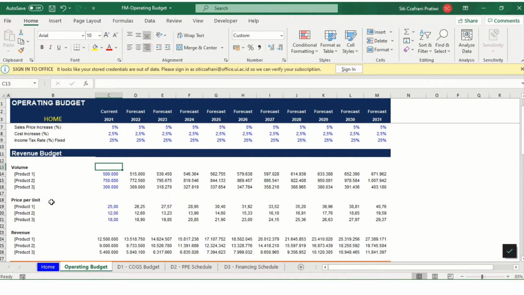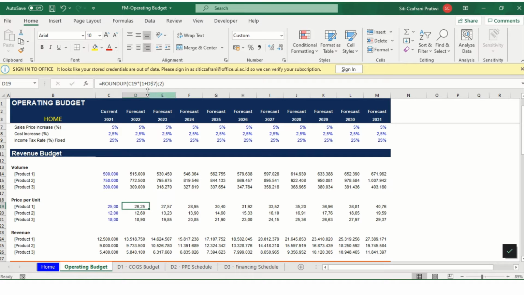Let's move on to another issue, which is the price per unit of your product. The price per unit, you also get from your input assumption. That's why the color is blue, because there is no formula here. And actually, this is a similar formula to how you calculated the volume before.